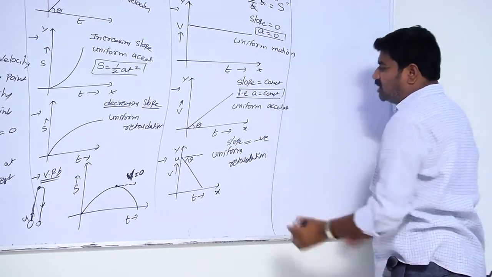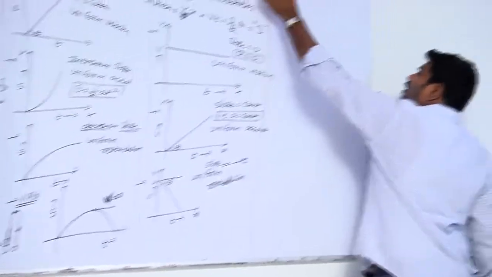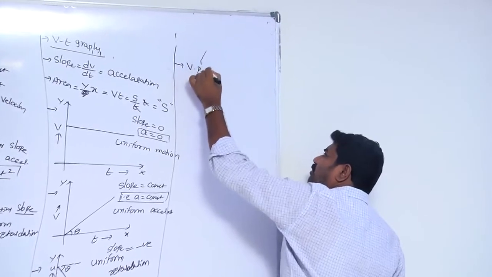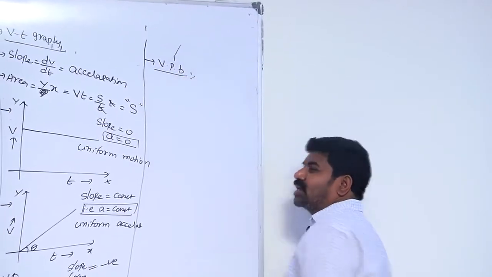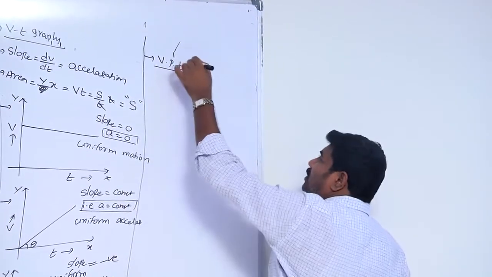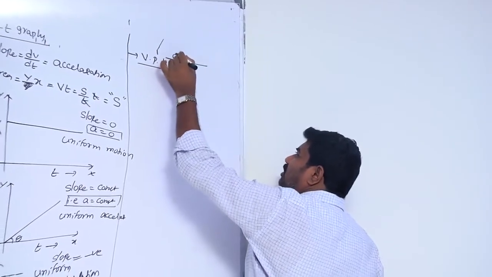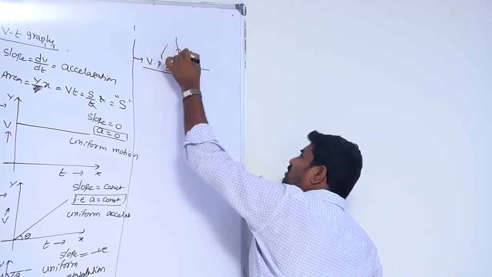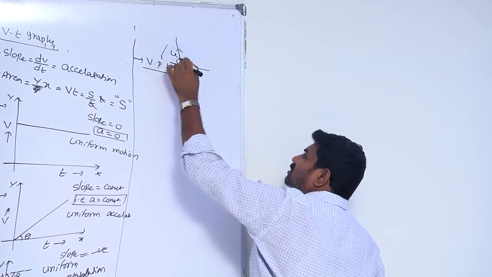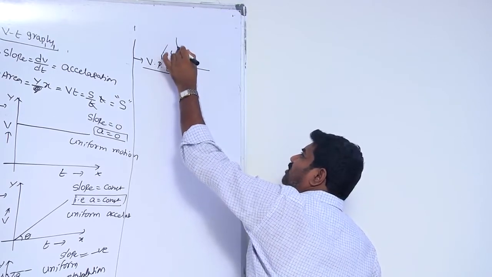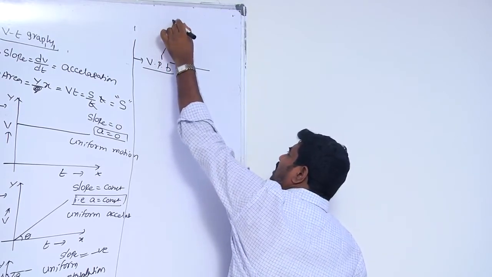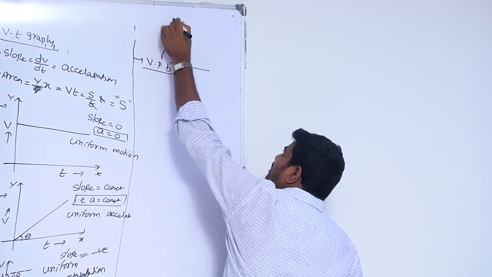So what is the graph for the vertically projected body? In the case of the vertically projected body, the body is initially projected with greater velocity. When it is moving upward, there is uniform retardation because velocity gradually decreases.